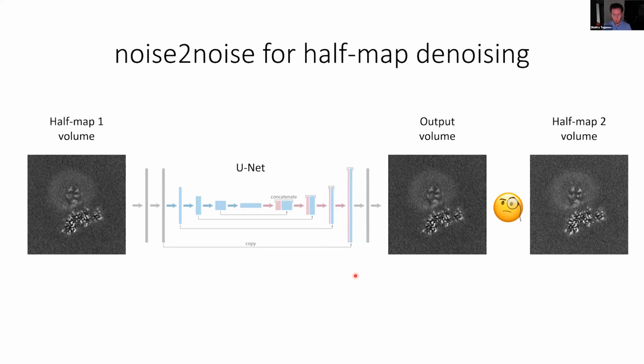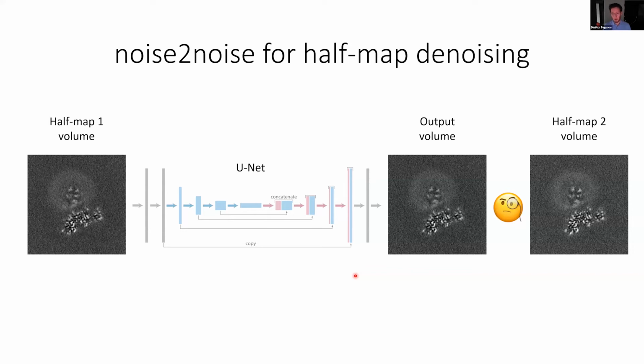Now, we pioneered the use of noise-to-noise denoising for raw cryo-EM data in Warp pretty much immediately after the noise-to-noise paper came out. But so far that has been limited to raw 2D and tilt series data. So here we take the same basic UNet architecture and we feed it one of the half maps, and we ask it to generate something as similar as possible to the other half map as its output.